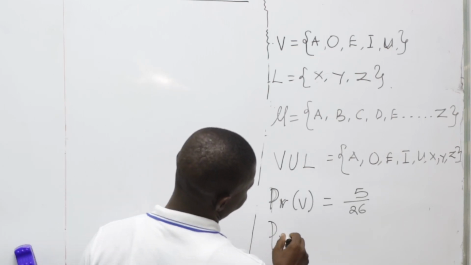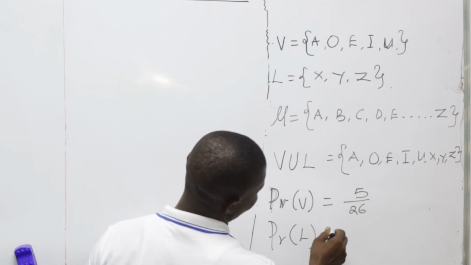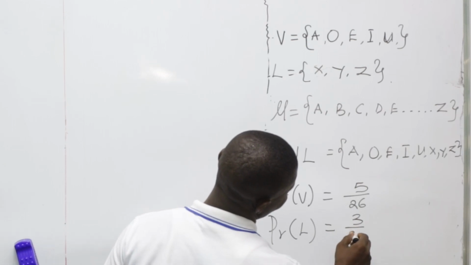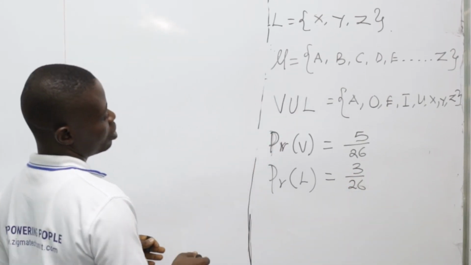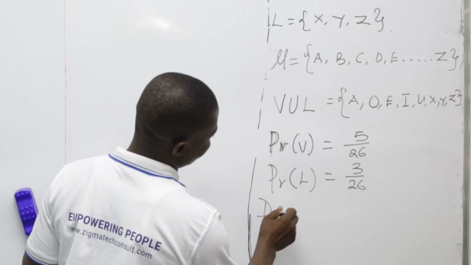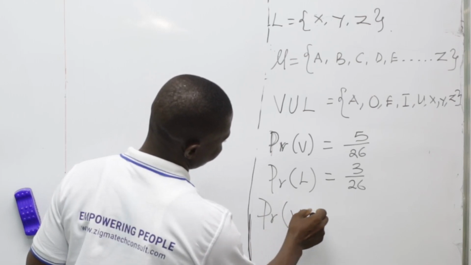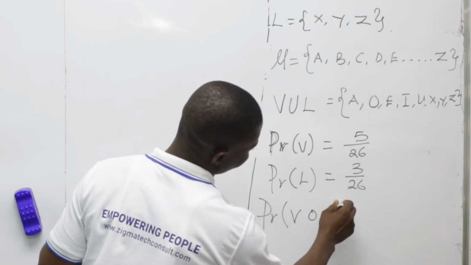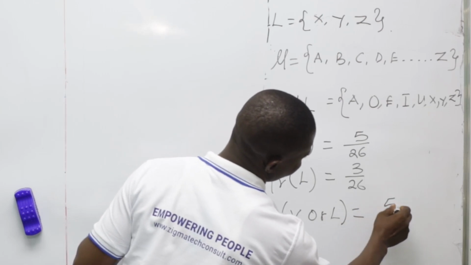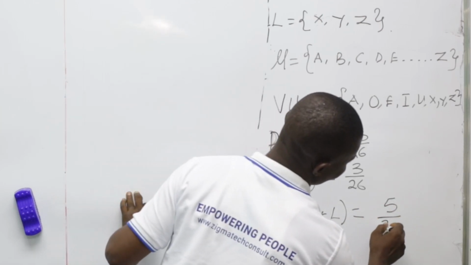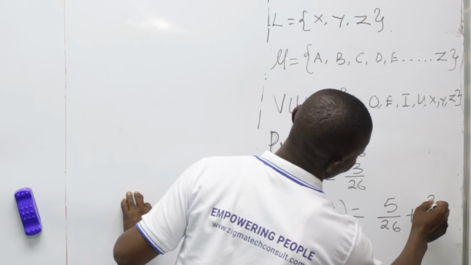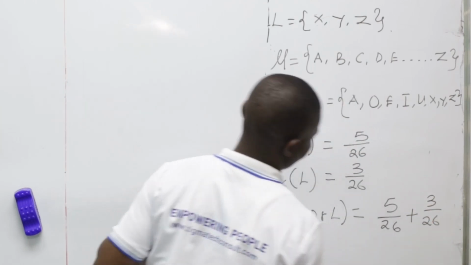Then P of the letters X, Y, Z is 3 all over 26. Now, P of V or L equals 5 all over 26 plus 3 all over 26.